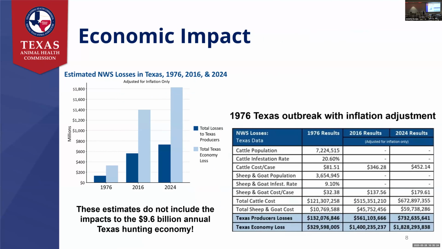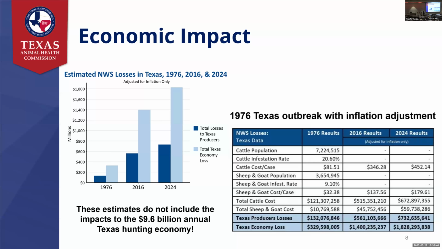Just some breakdowns and looking at the economics of the 1976 outbreak. They've got the cattle population at that time at over 7 million head. You plug in 12.2 million head today. Obviously, these estimates, they adjusted the 1976 values for inflation only.